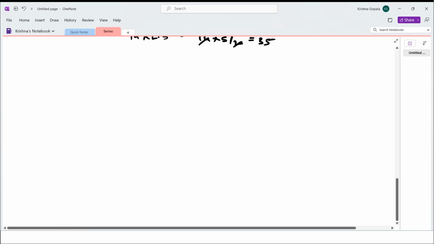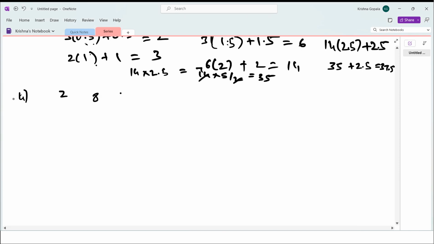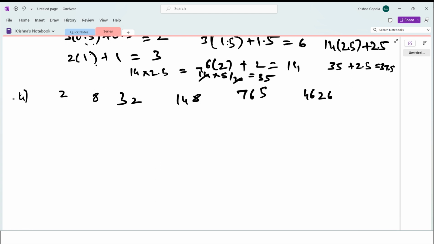Now let's take another example to cover another concept. 4, 2, 8, 32, 148, 765, 4626, etc. This series, like you see, it is growing very fast.